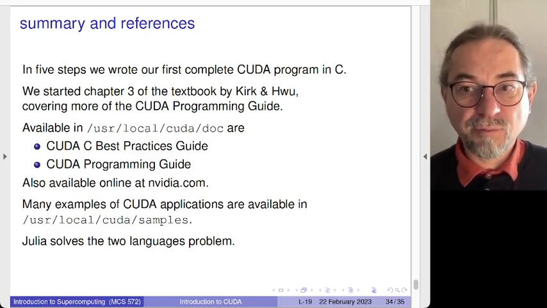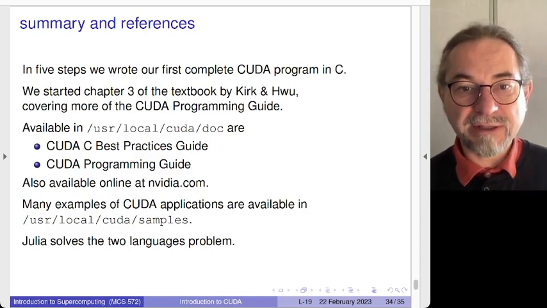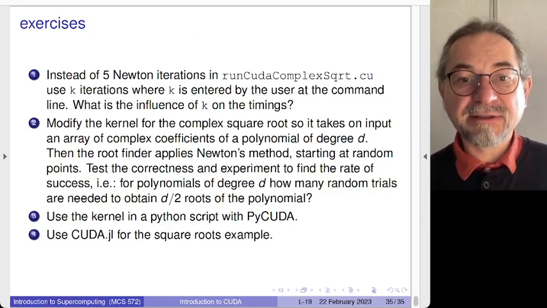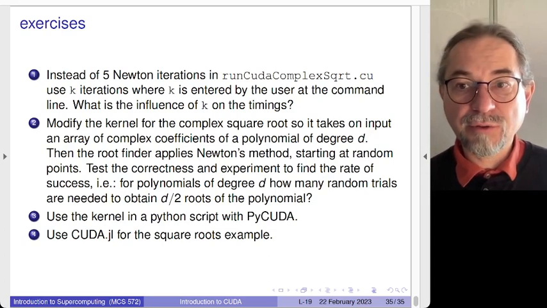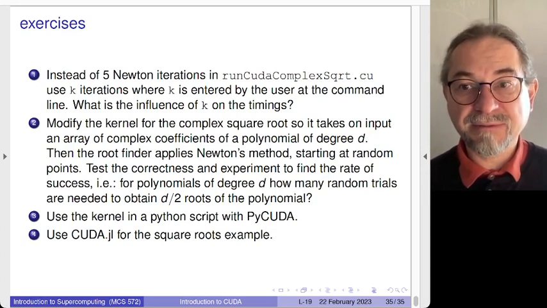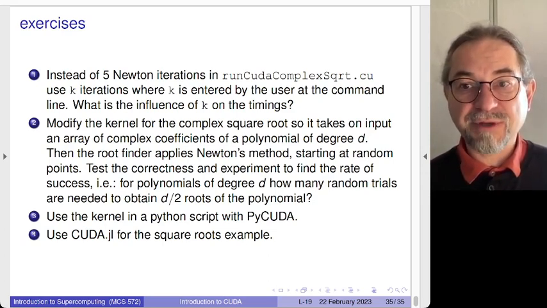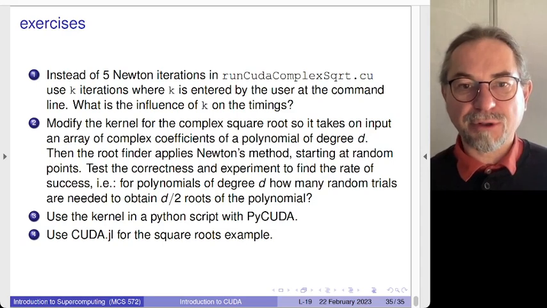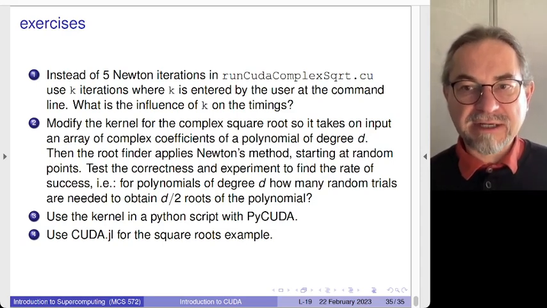Here are the exercises. Exercise 3 with PyCUDA might be even easier because we already have the C code. With PyCUDA, you actually still have the two-language problem. PyCUDA takes care of the boilerplate code.